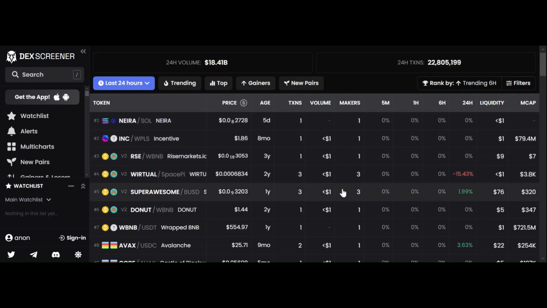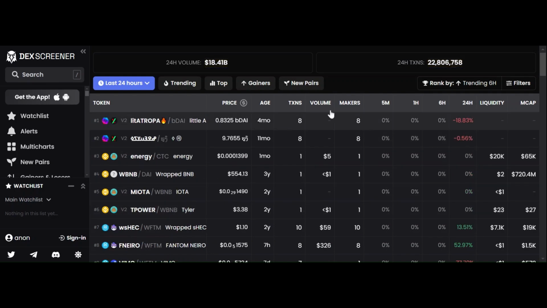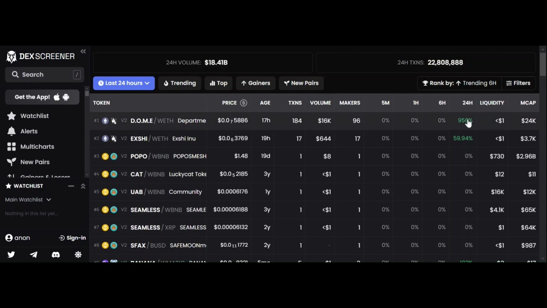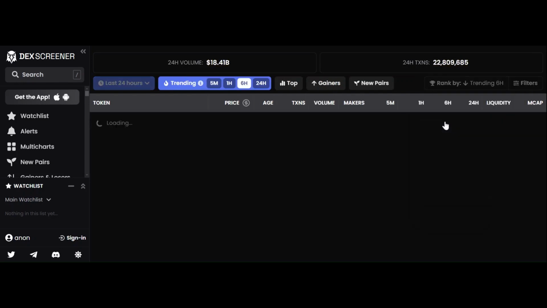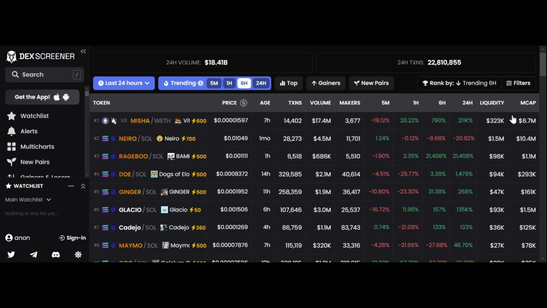So basically all of these are potentially undesirable because we have 8 transactions, low liquidity, low market cap. So we'll just change that back to descending rather. And then we have what we had, Misha with and whatnot.